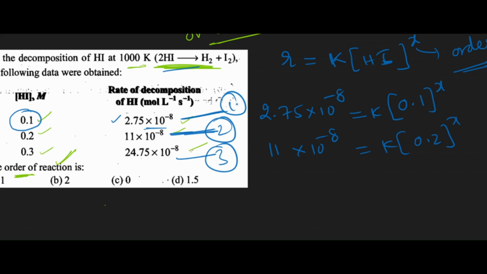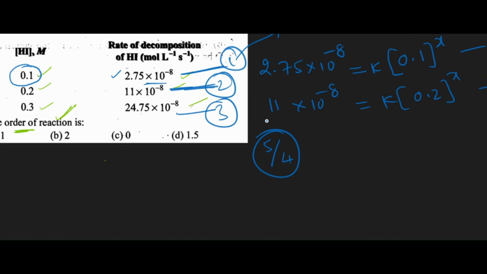After substituting this data into the rate law, I am assuming this as equation 4 and this as equation 5. Now in order to get the order of the reaction, I am doing equation 5 divided by 4. Clear? So we will get 11 into 10 power minus 8 divided by 2.75 into 10 power minus 8 equal to k into 0.2 whole power x divided by k into 0.1 whole power x.